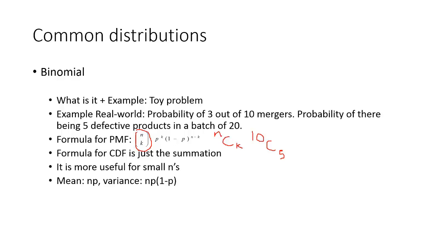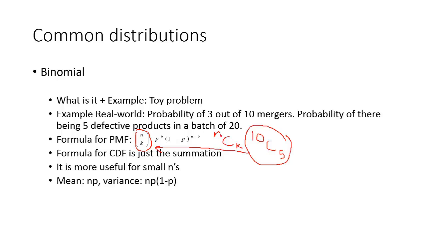There are many ways in which I could get 5 heads out of 10 tosses. It's either that the first 5 could all be heads and the next 5 could all be tails, or you could have 1 head, 1 tail, 1 head, 1 tail. So the number of different ways in which I can get 5 heads out of 10 tosses is what is being quantified by this number, which relates to this part of the formula.